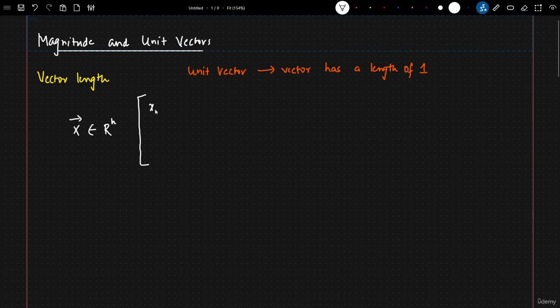And let's consider that I have values like x1, x2, x3 up till n dimension xn, okay? Now, just to give you an example, let's consider that I have an x vector which has the values 2, 3.